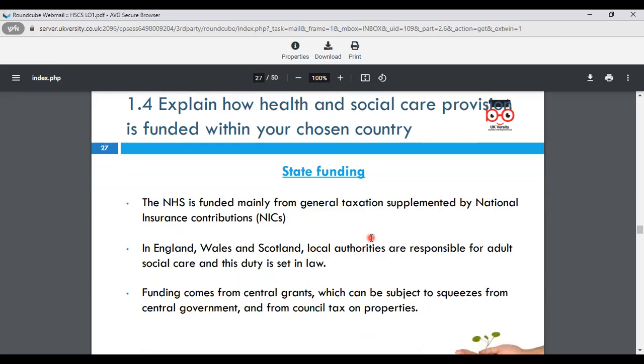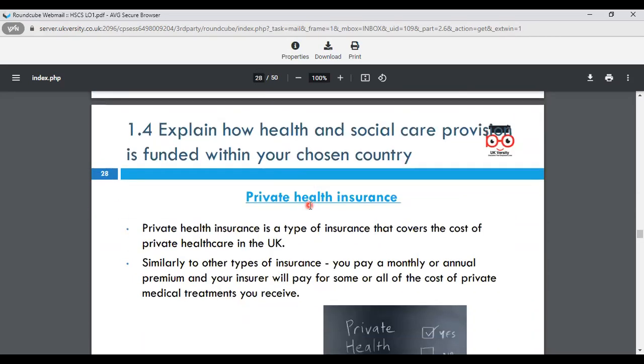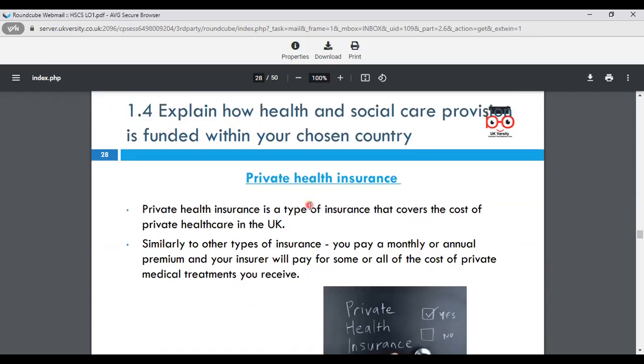Funding comes from central grants, which can be subject to squeezes from central government, and from council tax on property. So all of these taxes that are deducted all go into the state fund, and that is how the NHS supports treatment and whatever else is required for every patient.